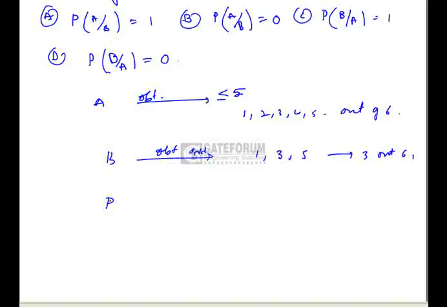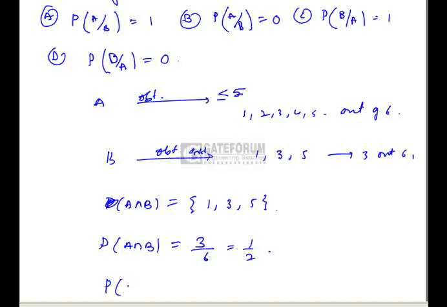Next, let us see what will be the intersection part, that is A intersection B. A intersection B will be again 1, 3 and 5. Now, what will be the probability of the intersection of A and B? We have 3 chances out of 6 chances, which will be 1 by 2. And what will be the probability of event B happening? There are 3 chances out of 6, which will be half.